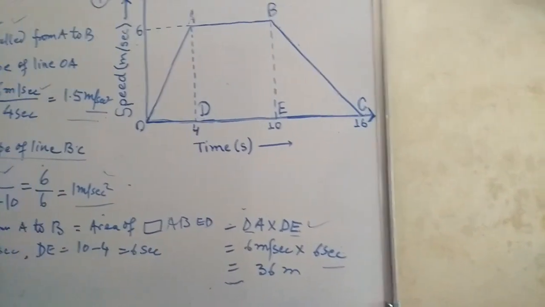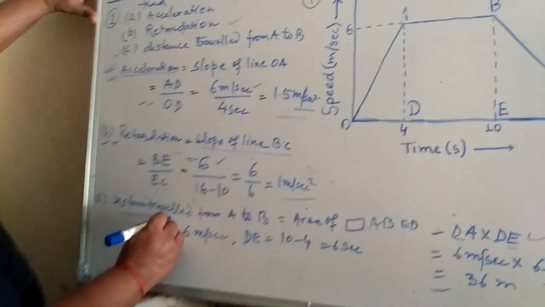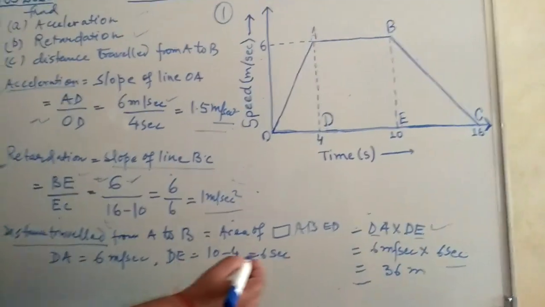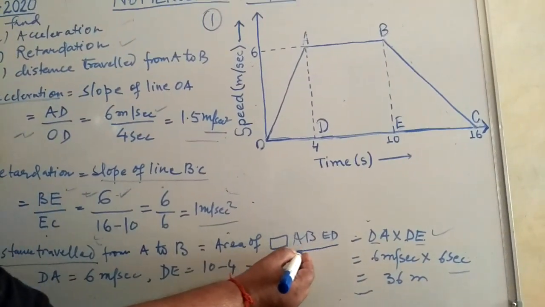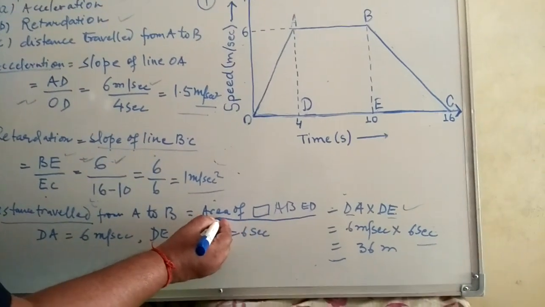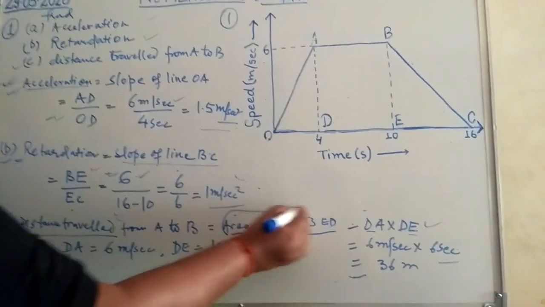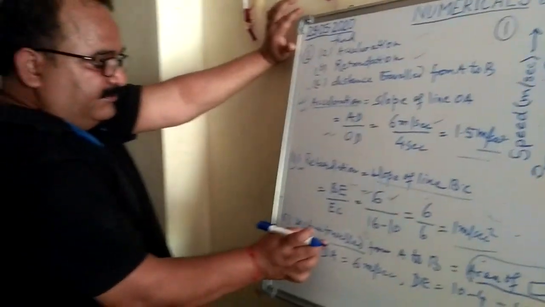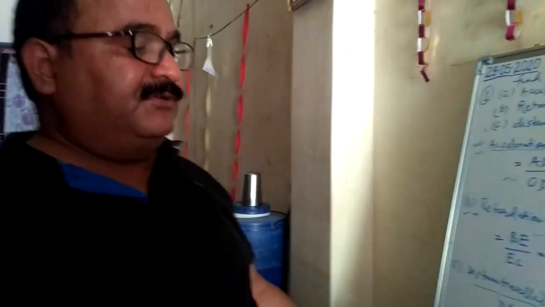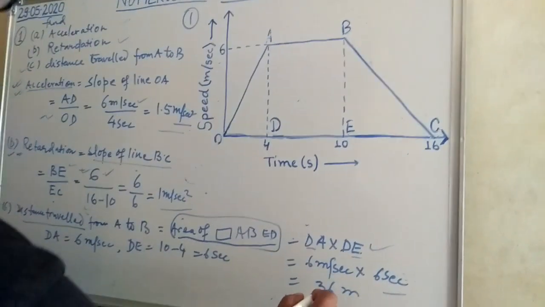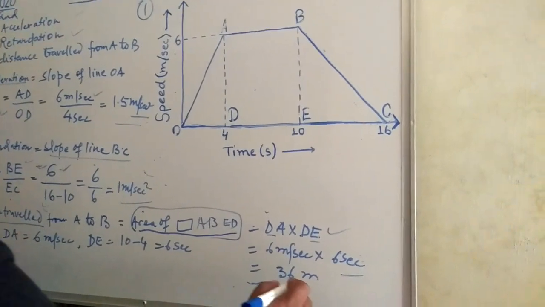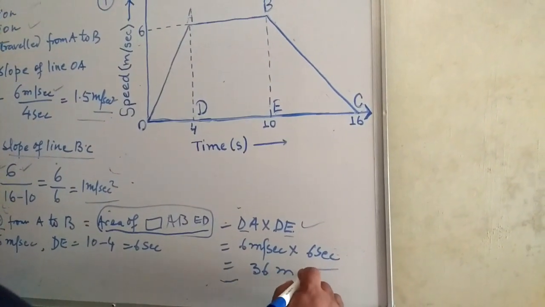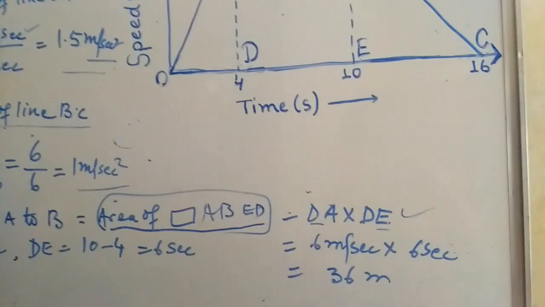So finally the distance is equal to the value of the area of the closed figure. When we want to calculate the distance, we calculate the area of that particular closed figure, and that is equal to 36 meter.